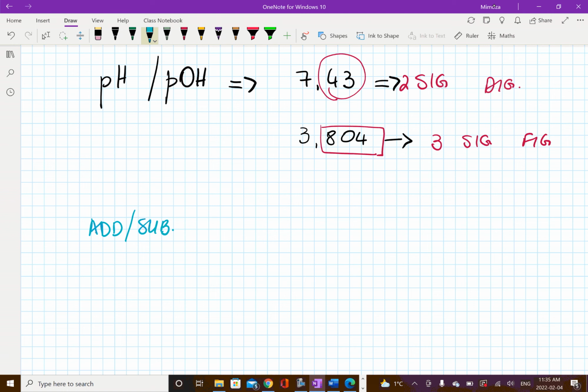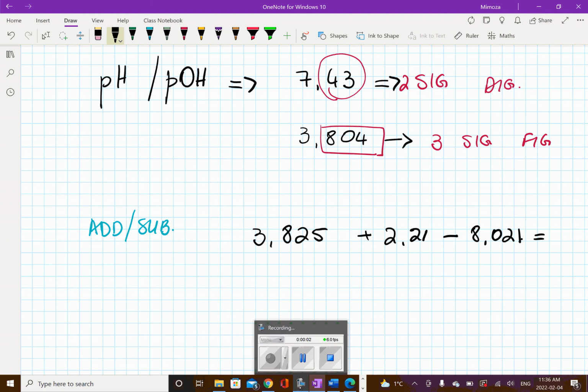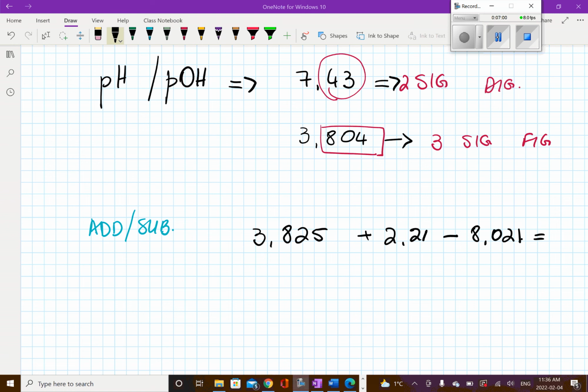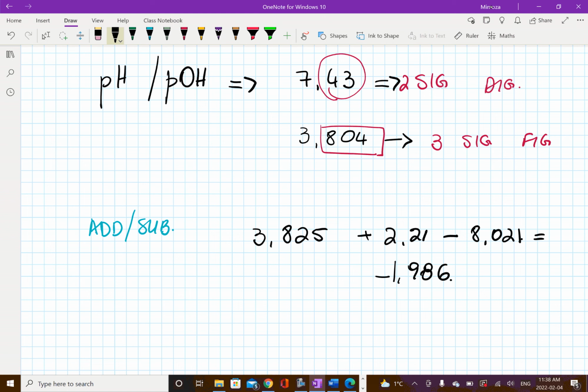So let's suppose that we have 3.825 plus 2.21 minus 8.021. If we are using the calculator, then the calculator will give us negative 1.986. This is what the calculator gives you.